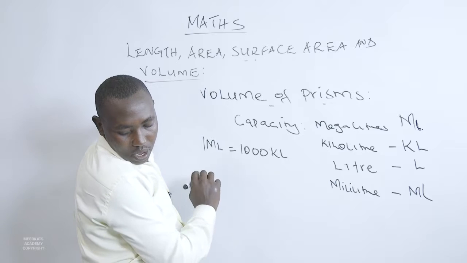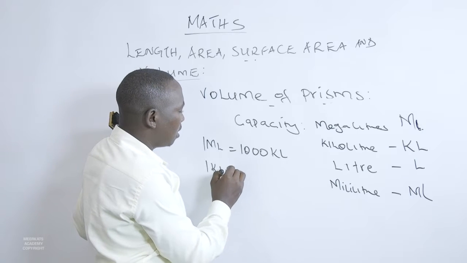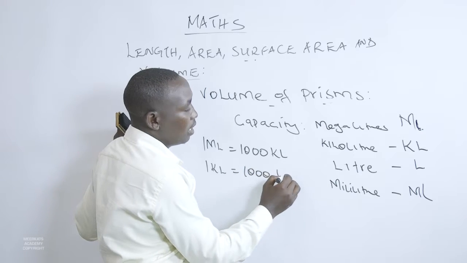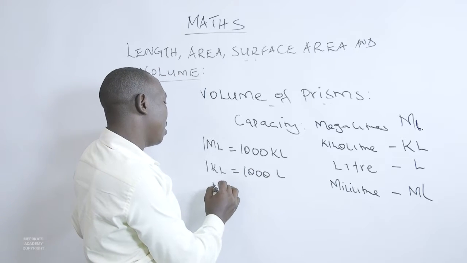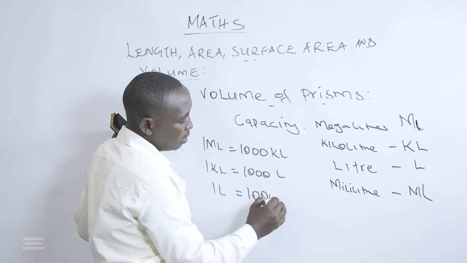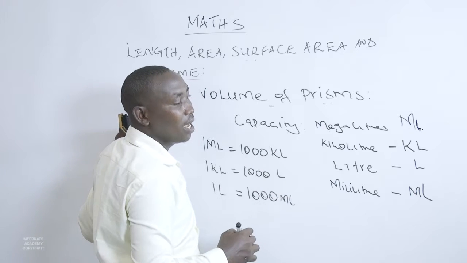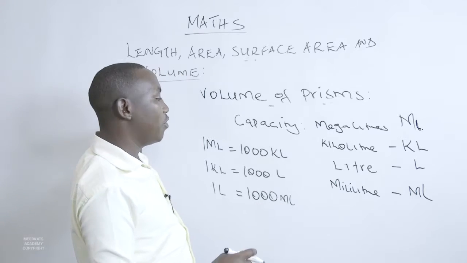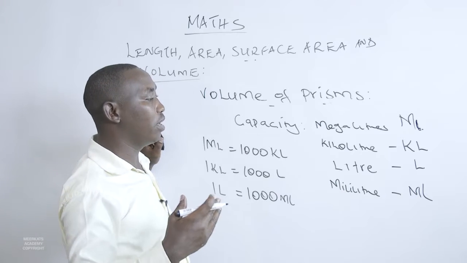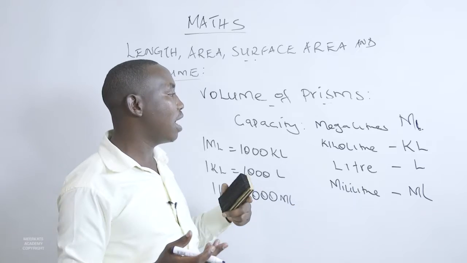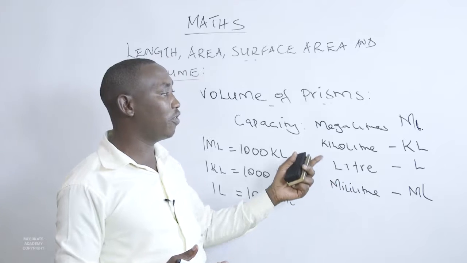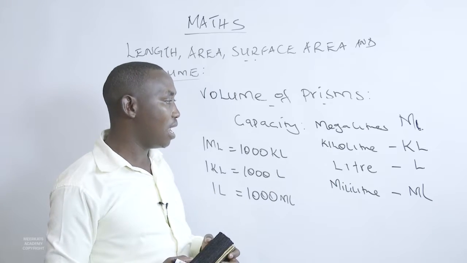And again, 1 kiloliter is equivalent to 1000 liters. Similarly, 1 liter is equivalent to 1000 milliliters. So from one to the other, you either multiply or divide by 1000, depending on which one you are going to and where you are coming from. But you have said the greatest unit of measurement for capacity is the megaliter.